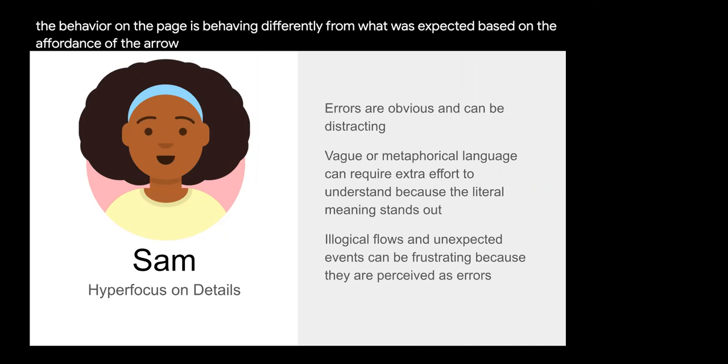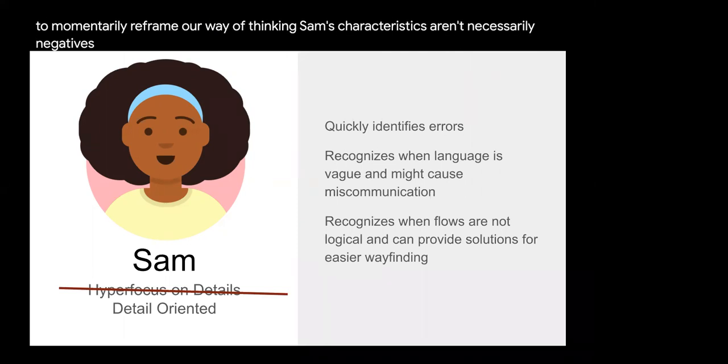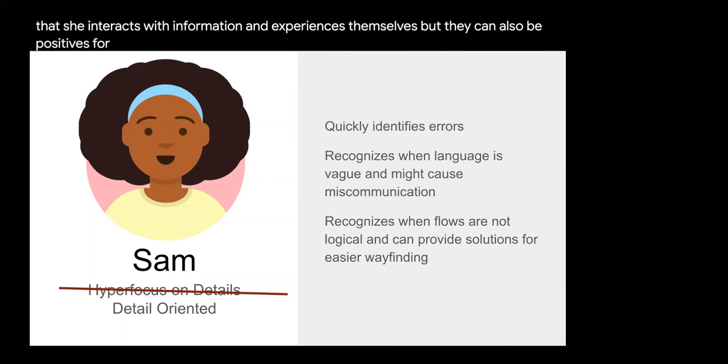But before we continue to look at our other users, I want to momentarily reframe our way of thinking. Sam's characteristics aren't necessarily negatives. They do directly impact the way that she experiences the world and the way that she interacts with information and experiences themselves. But they can also be positives for her depending on how we frame them.